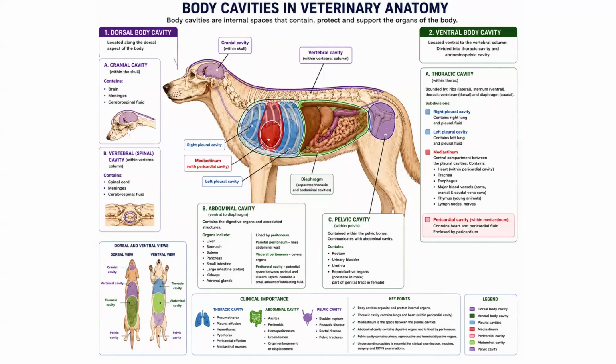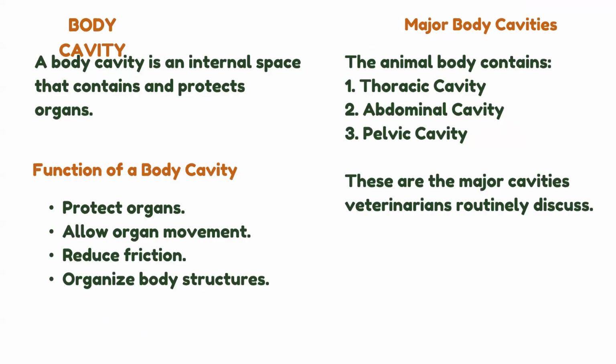So the cranial cavity and the vertebral cavity are also part of the cavities in the body. But the essential ones are the thoracic cavity, the abdominal cavity, and the pelvic cavity.